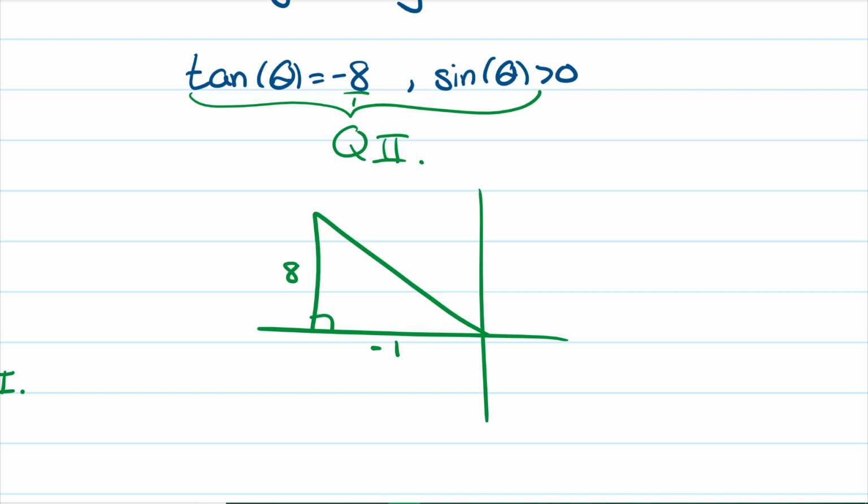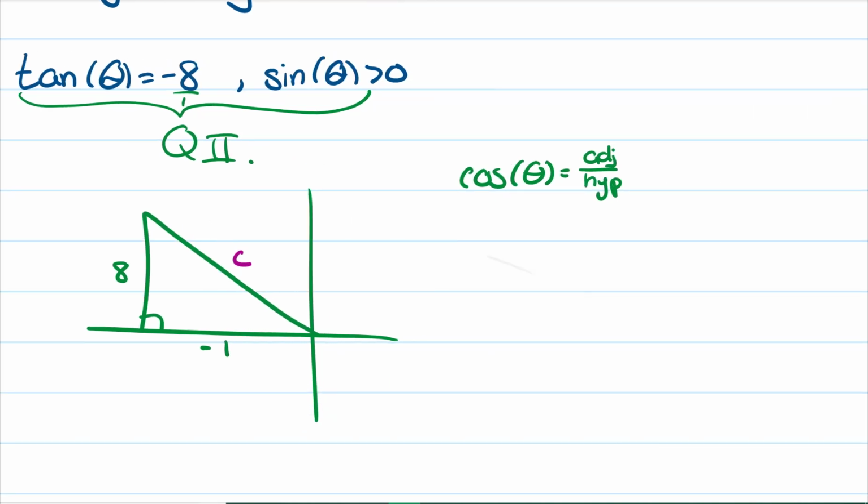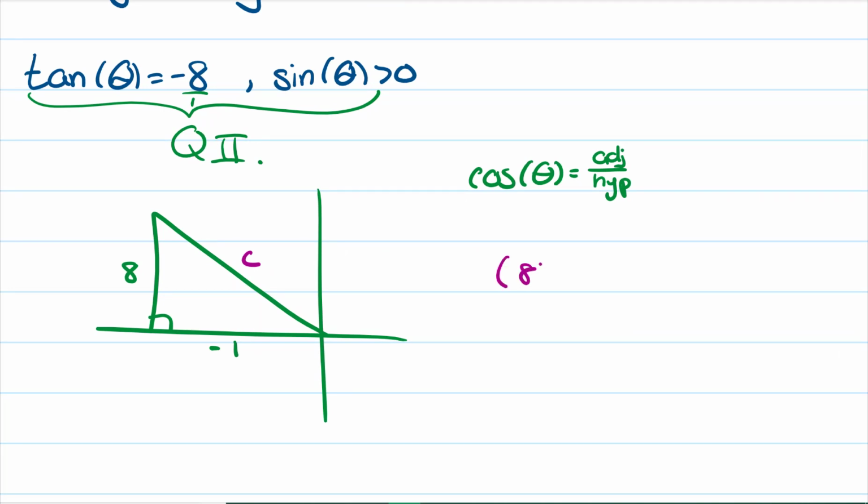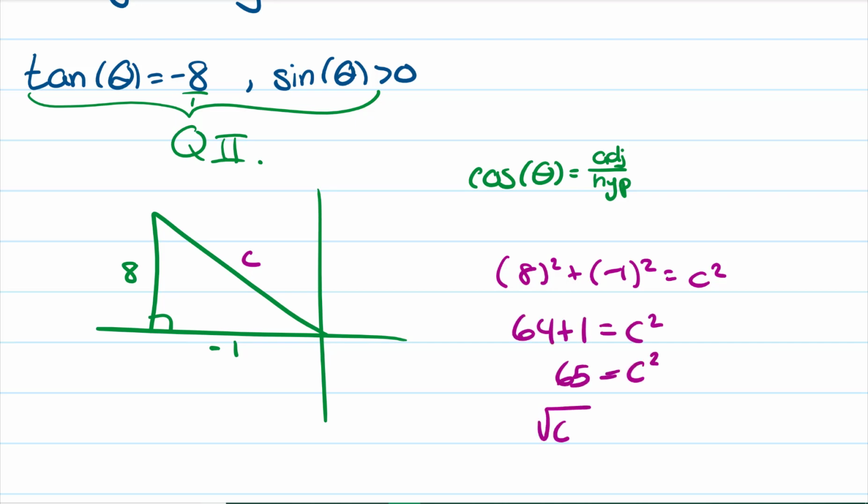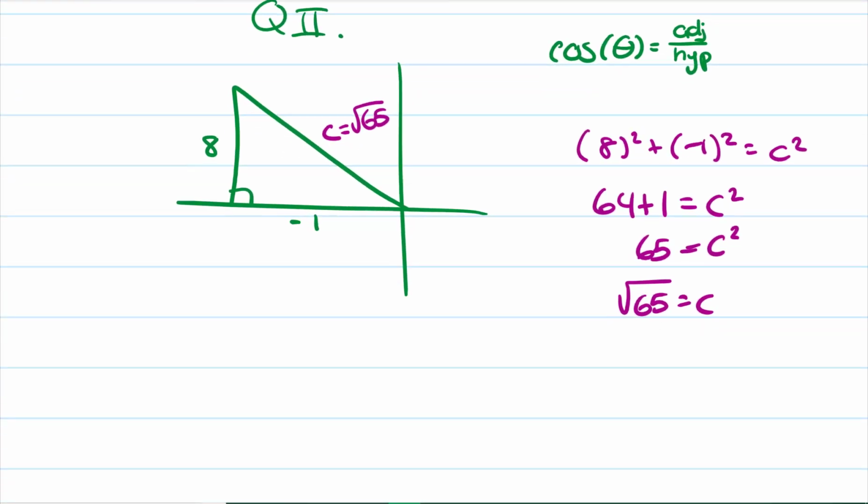And my goal is to find cosine. So I want cosine of theta, which is adjacent over hypotenuse. So I do need this value here. So again, we go 8 squared plus negative 1 squared is c squared, and we're going to go ahead and work that out. So we get c is the square root of 65. And then we just have to find cosine.